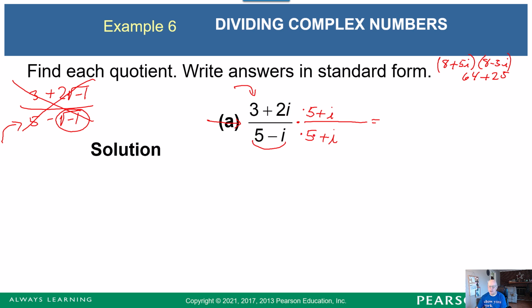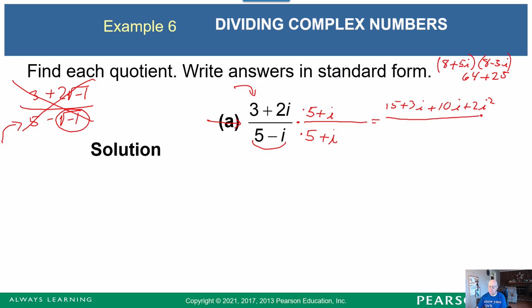Across the top, forget about the bottom for the moment. 3 times 5 is 15. 3 times i is 3i. 2i times 5 is 10i. 2i times i is 2i squared.